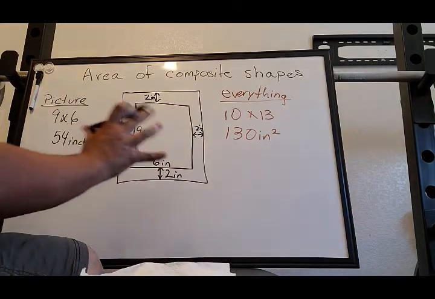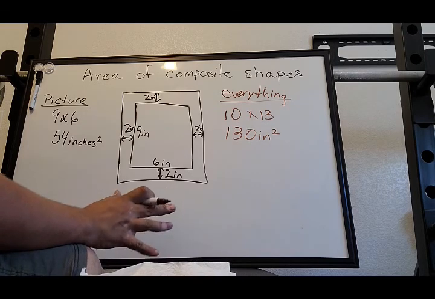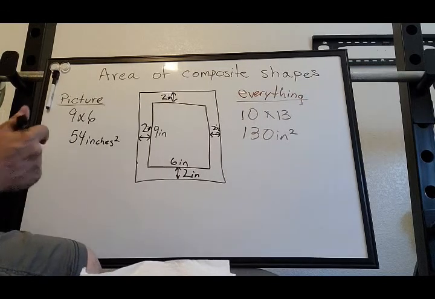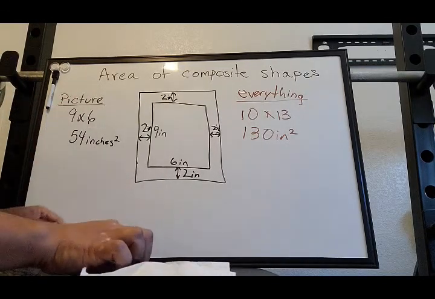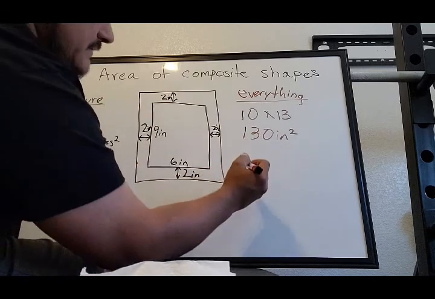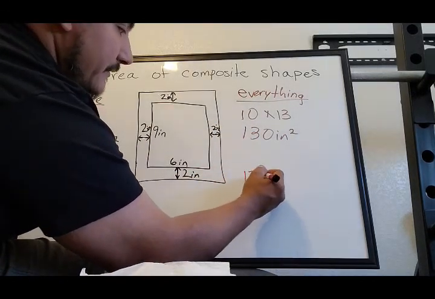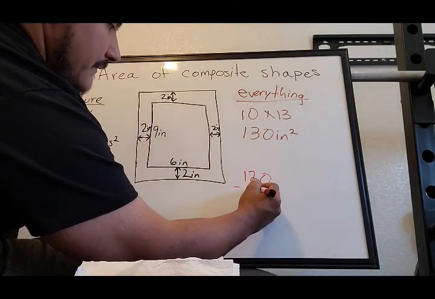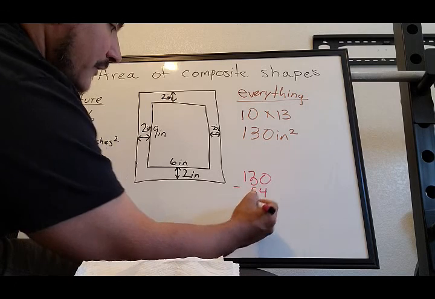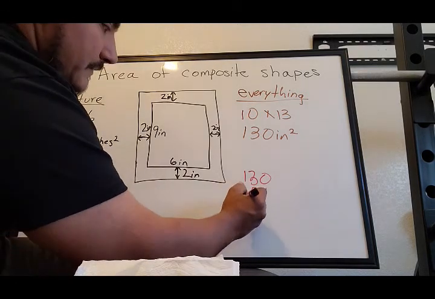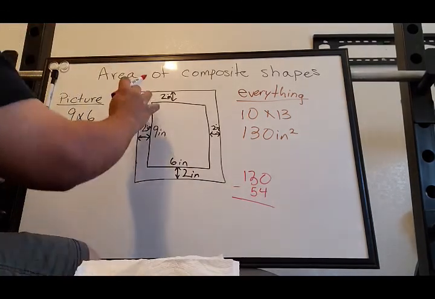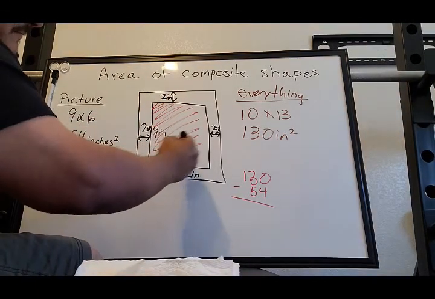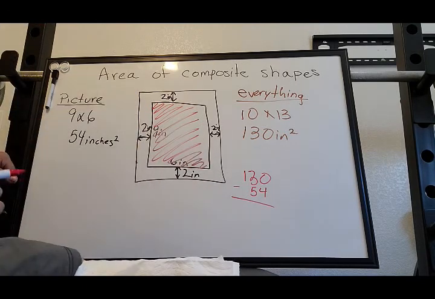Now we have our two areas, the area of everything and the area of the picture. In order to find the area of just the frame, we will need to subtract 130 take away 54. That means that we're counting everything except the area of the picture.